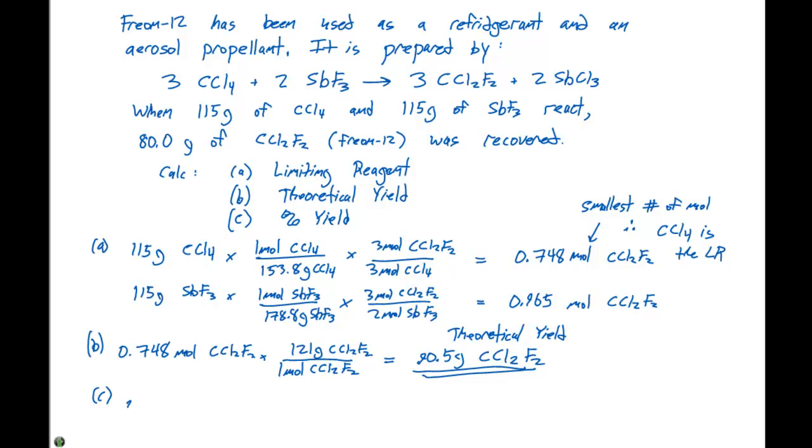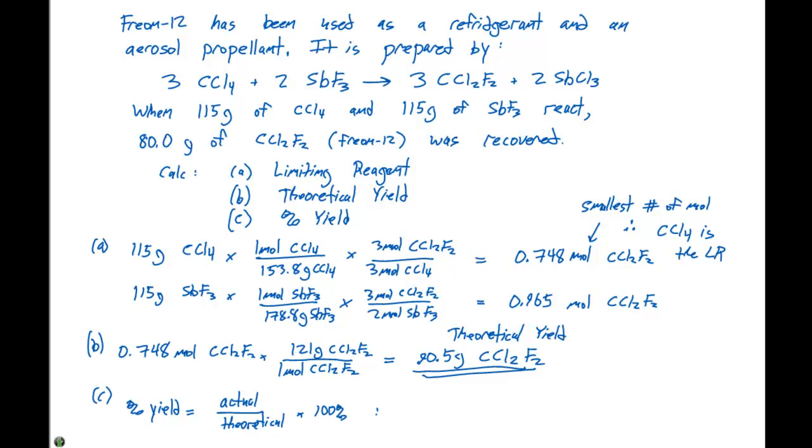Part C is to calculate the percent yield. And remember, the percent yield is going to be the actual yield divided by the theoretical yield times 100%.